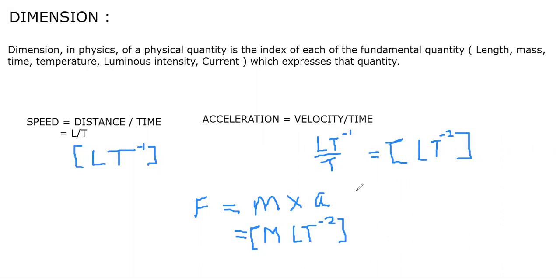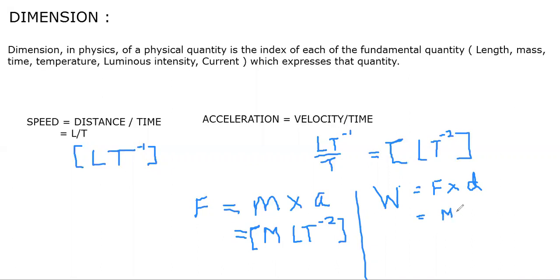Now suppose you want to find dimension of work. Now formula of work is force into displacement, right? Now force is MLT minus 2. This is the way you have to find it. After some time you will memorize it. The dimension of force is MLT minus 2, and displacement would be under what dimension?